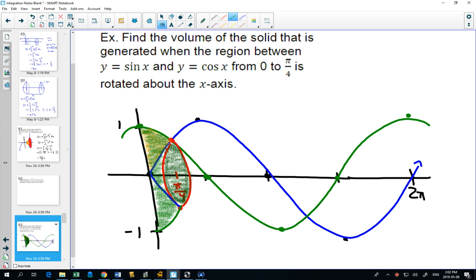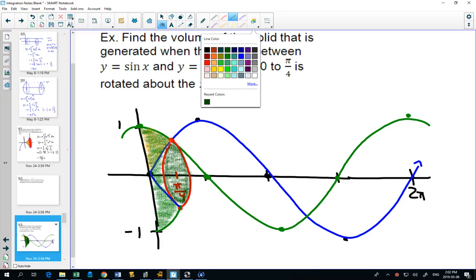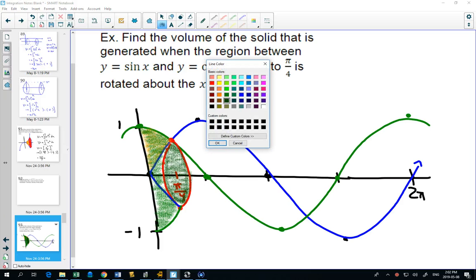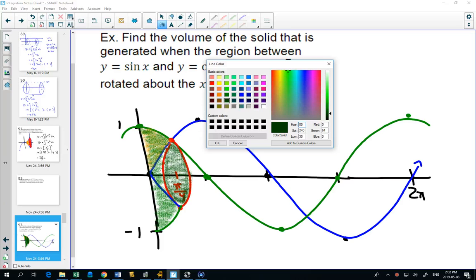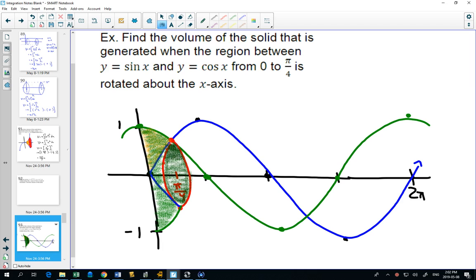Would you agree that that volume would be a solid shape of everything that we have? I'm not happy with my dark green. I need it darker. There, that's okay. Can you see the circle even darker here?